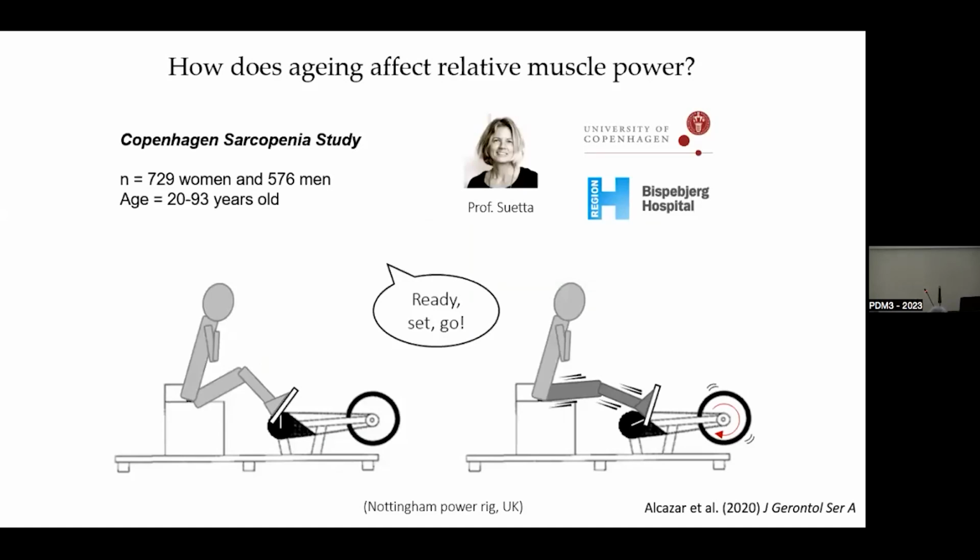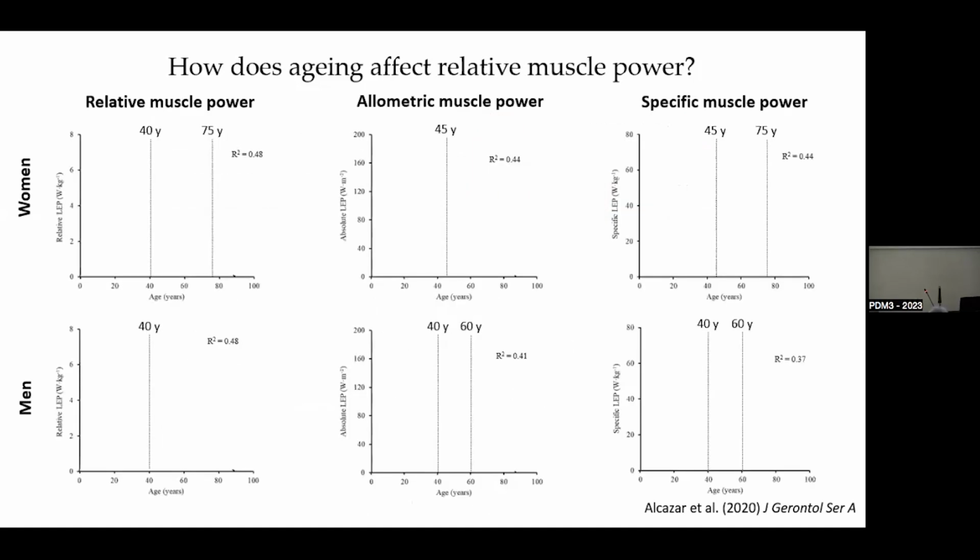How does aging affect relative muscle power? Well, in this study conducted in Copenhagen, we assessed more than 1,000 participants from all ages using the Nottingham Power Rig, which is a device that assesses muscle power during a unilateral leg extension action, a very explosive action.